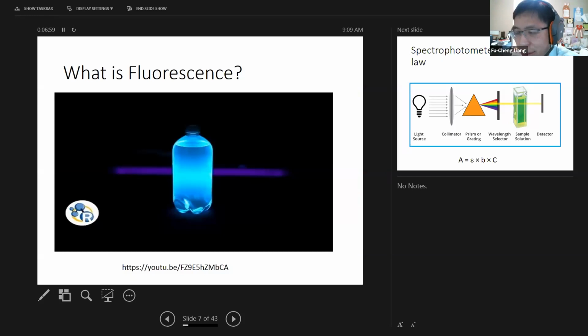Since I cannot demonstrate anything here, I would like to show you a video so you can see what this looks like. Usually in class I bring antifreeze. In your car, you load in some antifreeze, and it has some fluorescent dye added inside. I bring an antifreeze solution, shine UV light on it, and you can see some color show up.